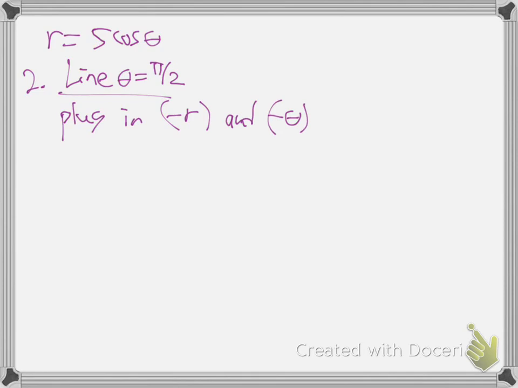So that's step A. Plug them both in there. So we're going to get negative r and negative theta. Good so far? So I took the original and I plugged in negative r and negative theta, both.